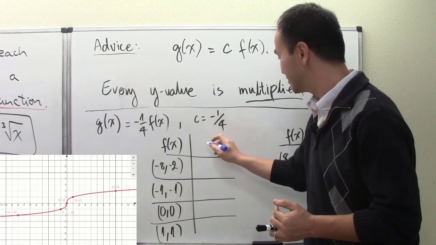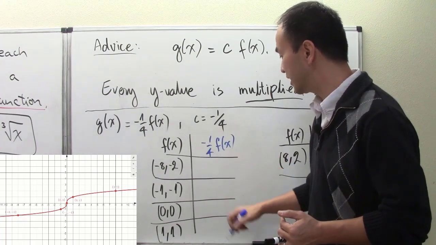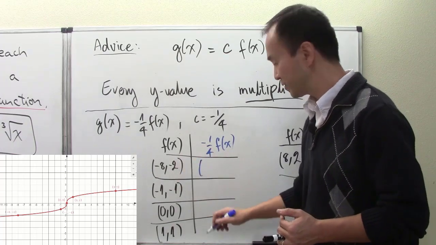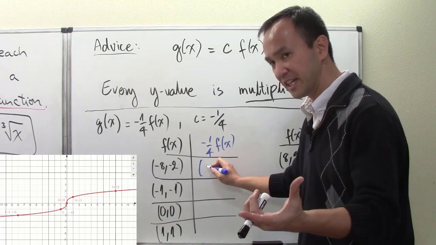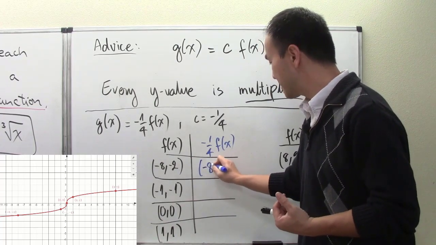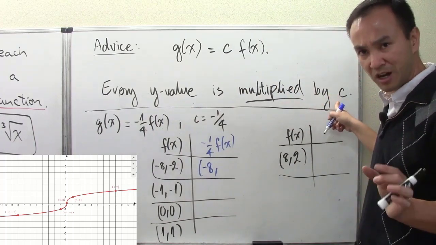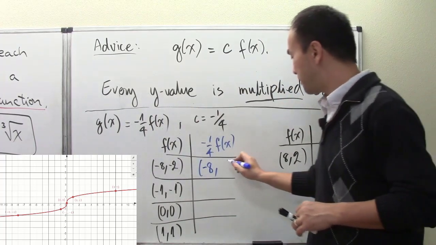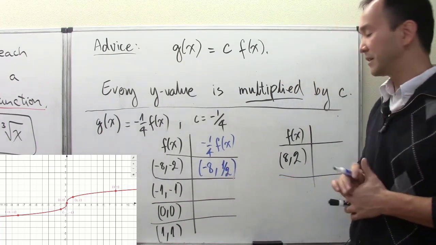Now -1/4 times f of x is going to give the following list. First pair of values: -8 stays the same because it's the x value. So -8, but -2 is multiplied by c, by -1/4, so that becomes a positive 1/2.